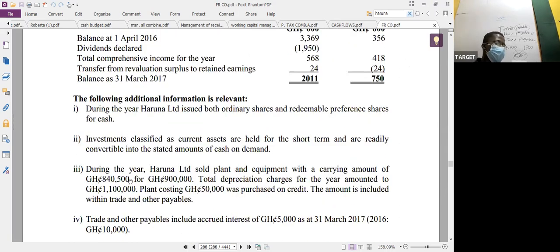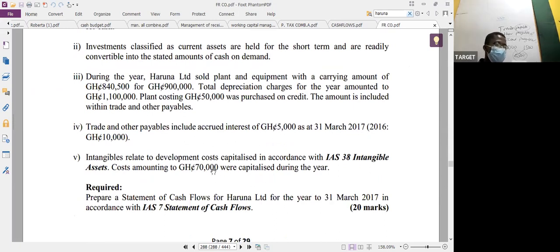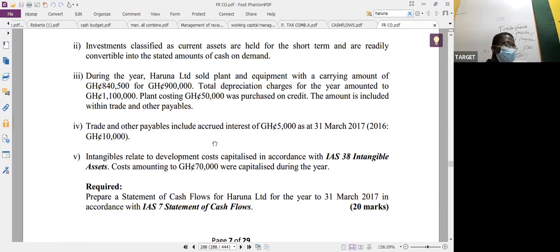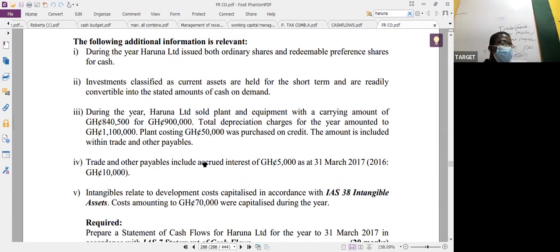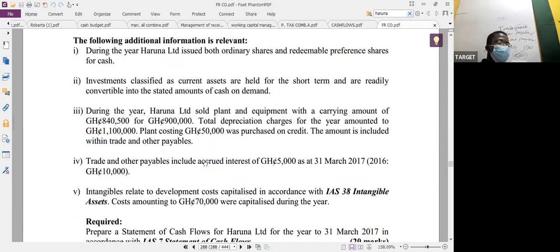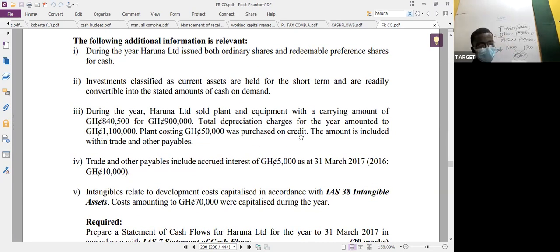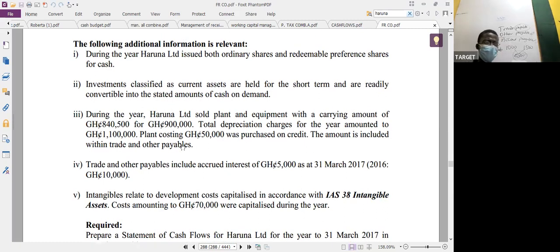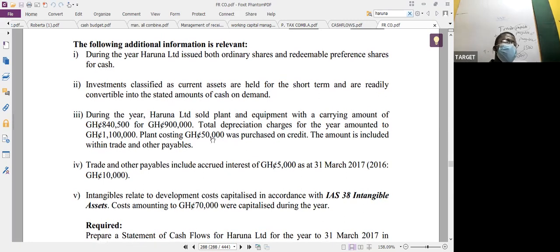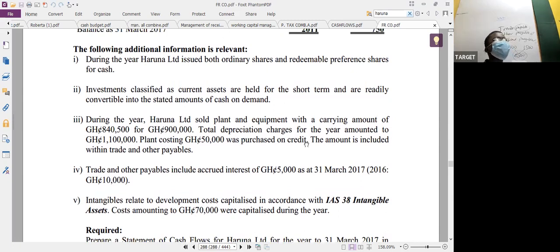Now, check here. Some 50,000 in it. Land costing 50,000 was purchased on credit.